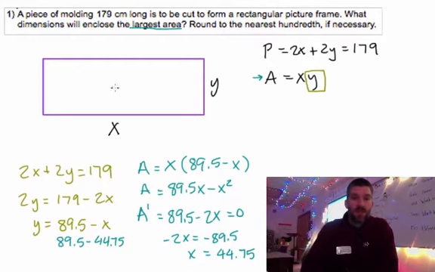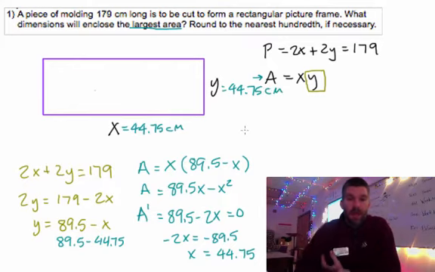So my dimensions are going to be 44.75 centimeters by 44.75 centimeters. And that is the largest area of a rectangle we can get that fits this particular set of rules.